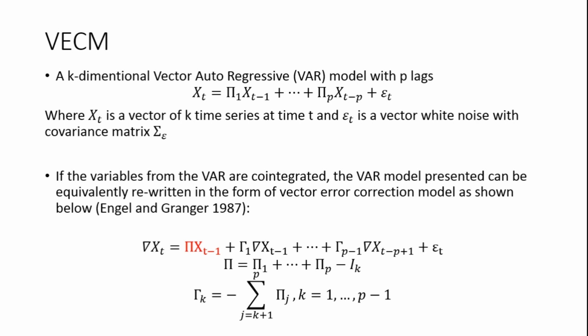We have a term in red which represents an error correction term, with a matricial coefficient Π that is used in an analogous manner to the case of only two variables.